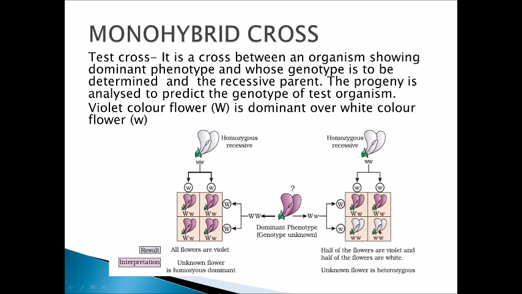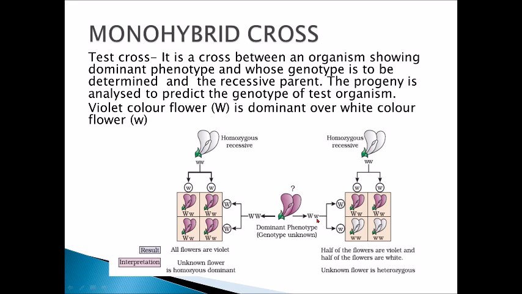So, half out of 4, 2 are showing violet color and 2 are showing white color. So, in such a result, when half the flowers are violet and half of them are white, then the flower whose genotype is unknown must be heterozygous. That means it must have one capital W for violet color and one small w for white color.